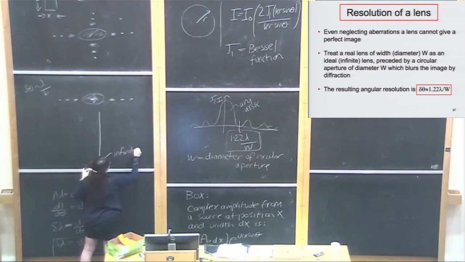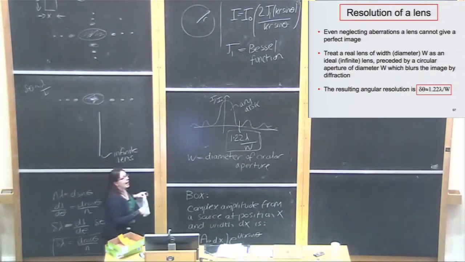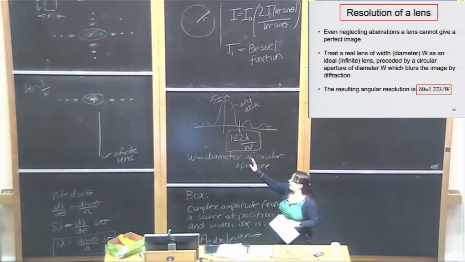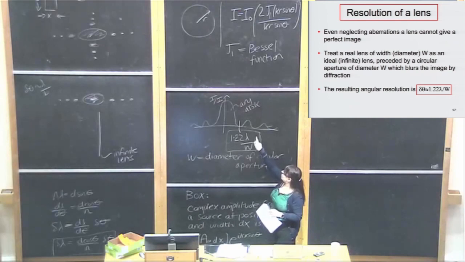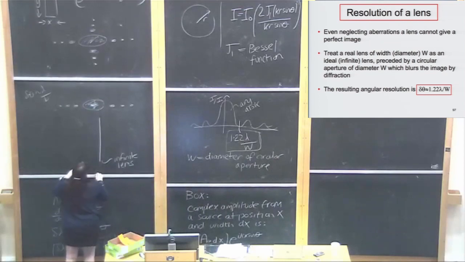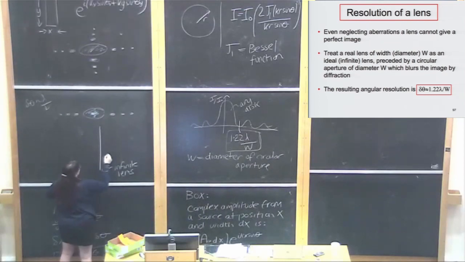Now, if you could have an infinite perfect lens suffering from no other aberrations and infinite in extent, you would have no problem at all. You wouldn't have diffraction effects either, because this thing would go to 0 if W is infinite. That's going to produce a perfect point-like image of a point-like object.